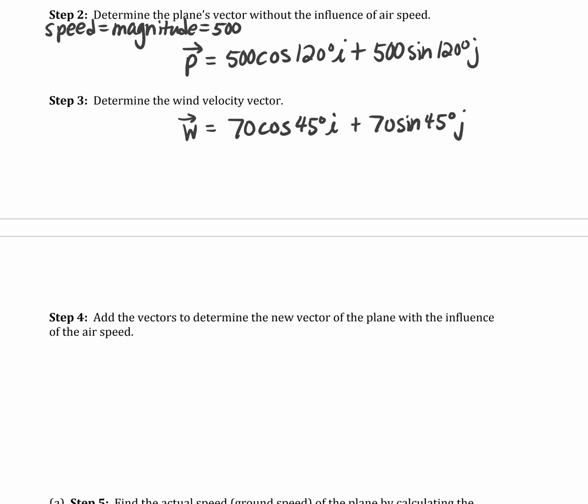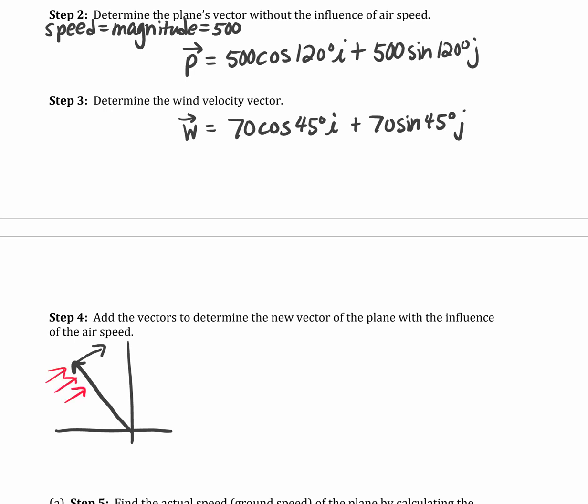So if we think about what's happening here, here's the plane going along its merry way. It hits a certain altitude, and then all of a sudden the wind is pushing it or pulling it in another direction. It's really pushing it, but we do adding tip to tail. So technically what's happening is the wind is pushing, the wind is going this way.